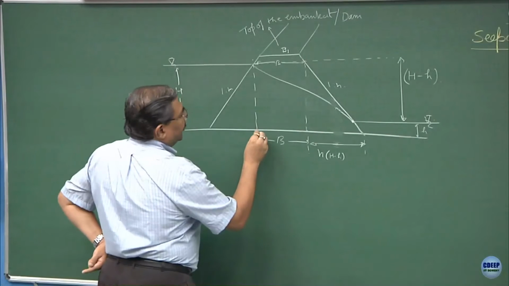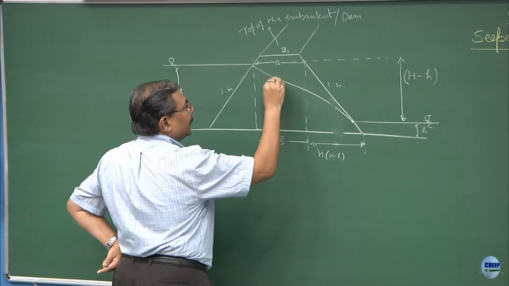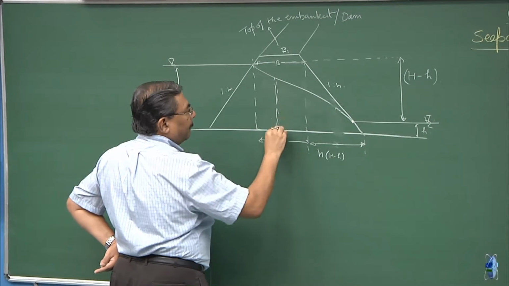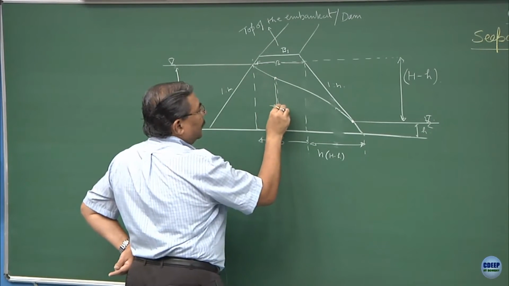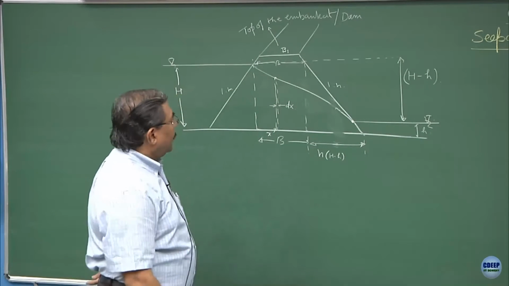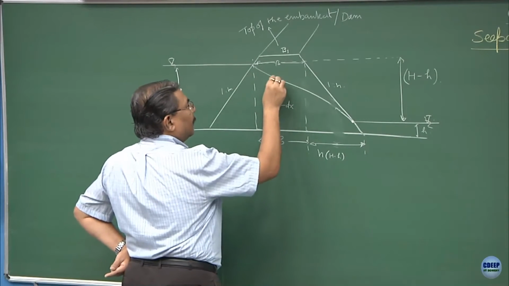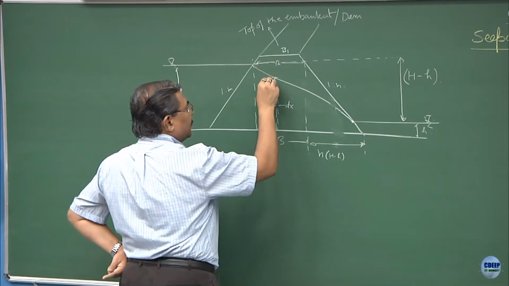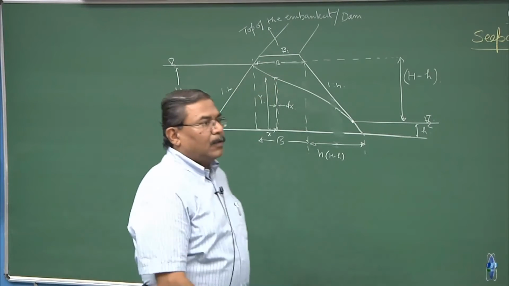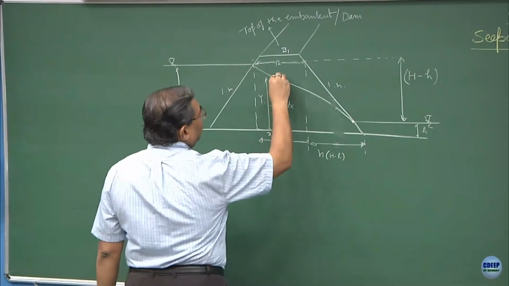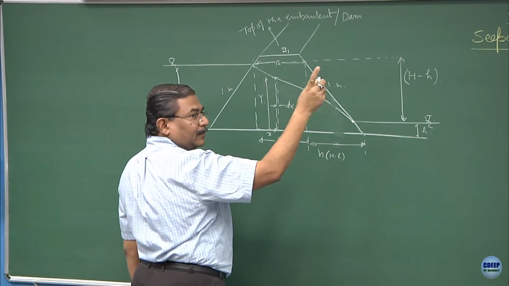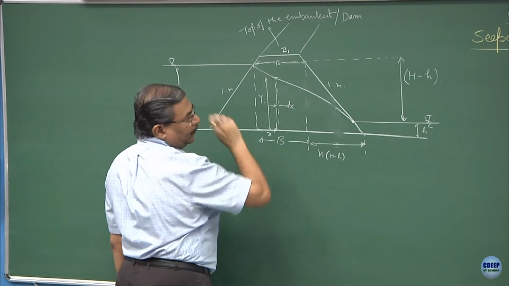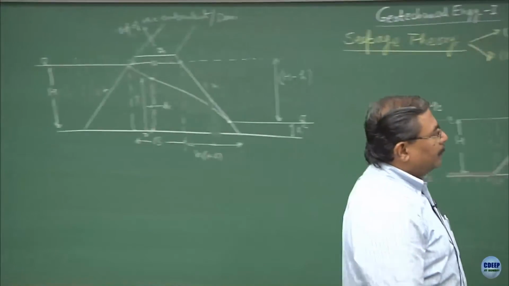So, if I assume at a certain x distance there is an element of thickness dx, and at this point the height of this system is, let us say, y. I hope you can realize dy by dx is going to be the velocity vector, because this happens to be the phreatic line. So, let me explain to you the concept of the phreatic line first.